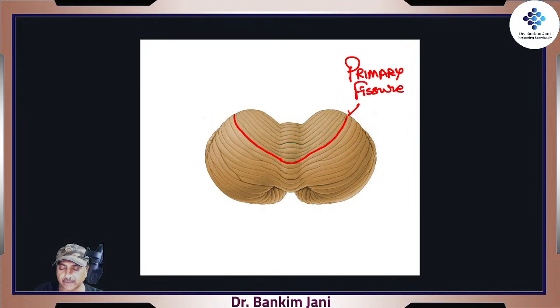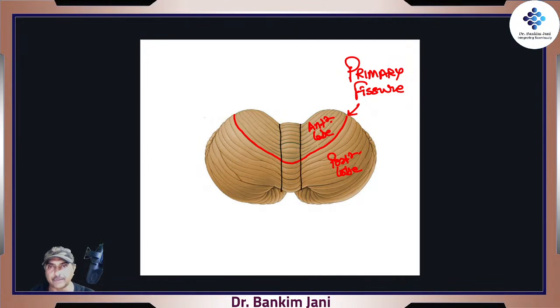So anything above this is anterior lobe, and this one would be the posterior lobe. Fair enough, right? The next one. So that is the primary fissure, very clearly seen over here.